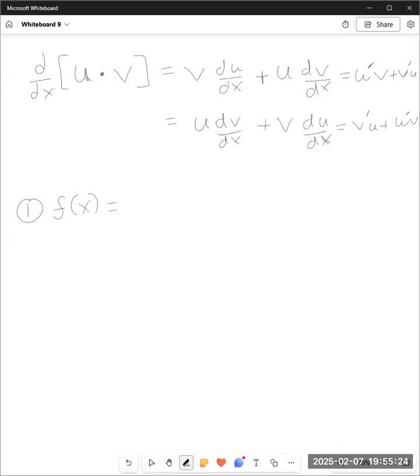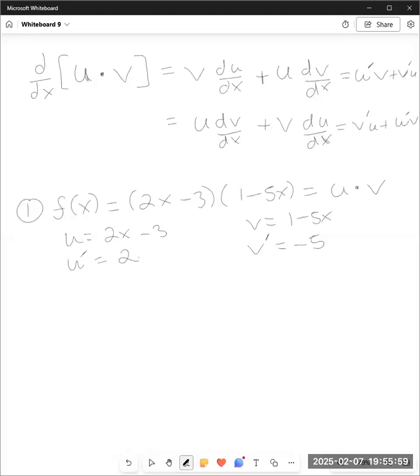So number one, here's a great example of what I'm saying. F of x is equal to 2x minus 3 times 1 minus 5x. So this is equal to u times v to me, where u is equal to 2x minus 3 and v is equal to 1 minus 5x. So my u prime, my derivative of u with respect to x is 2, and my v prime is equal to negative 5.